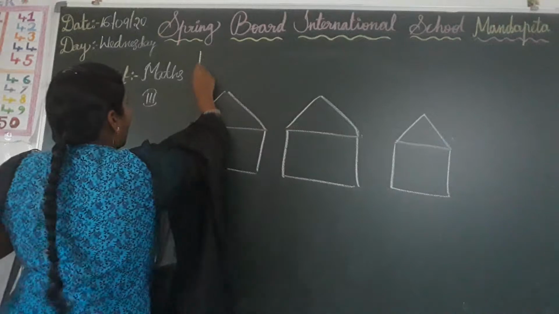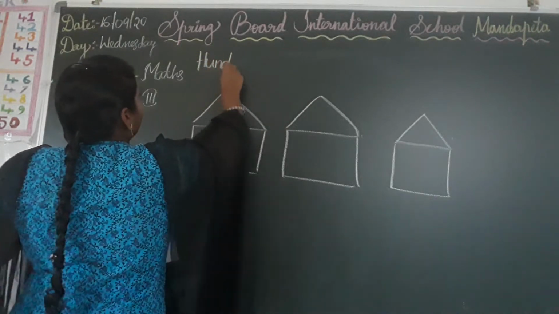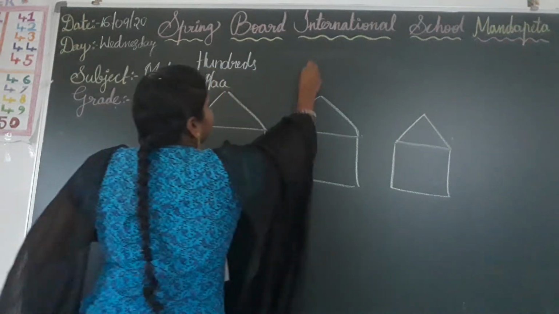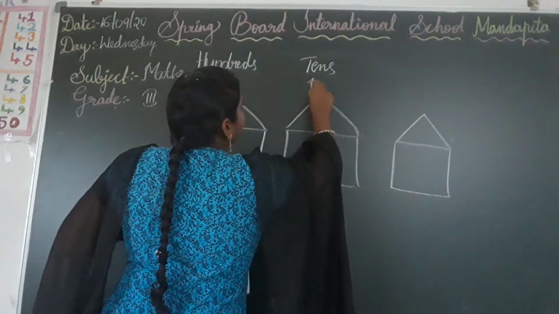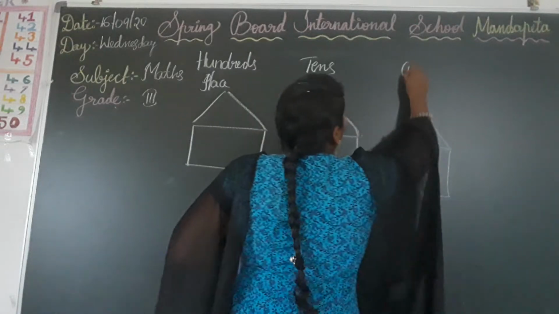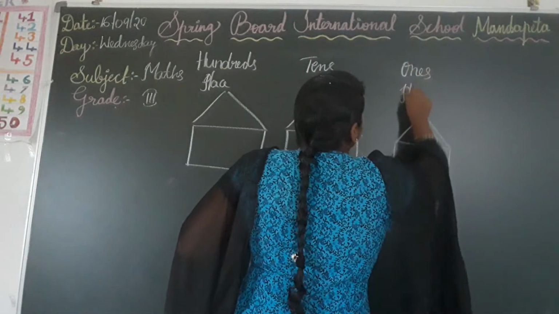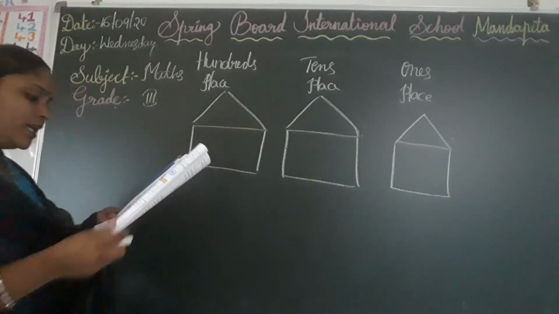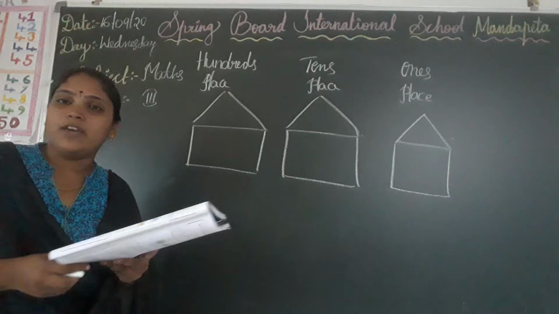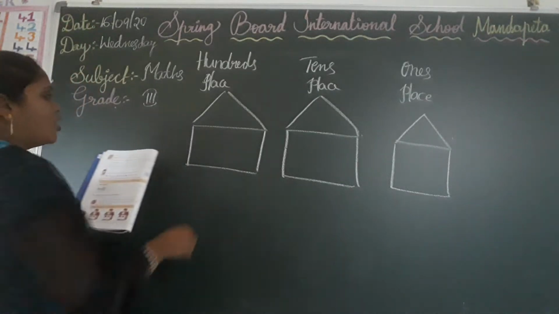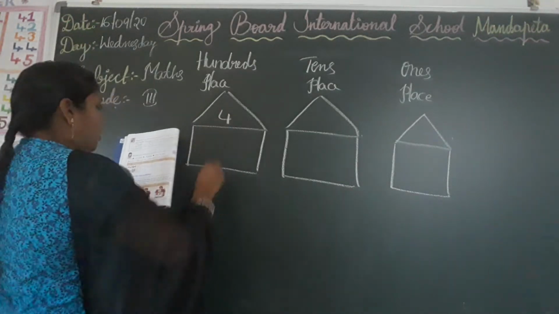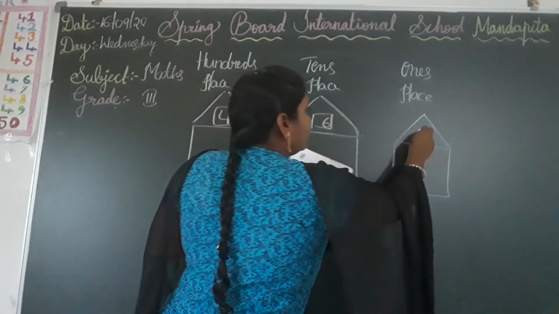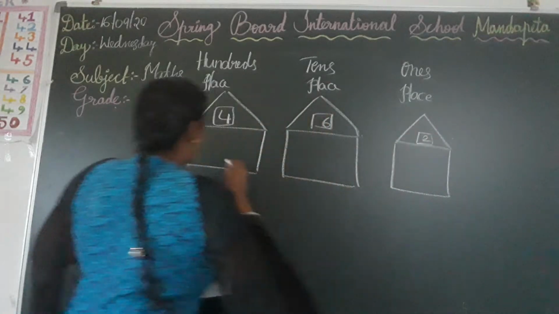So here it is hundreds place, tens place and ones place. The face values are given on the roof of the house. So here it is 4, 6 and 2. Okay children.